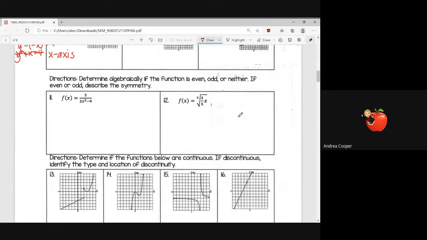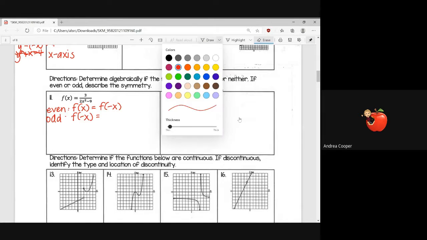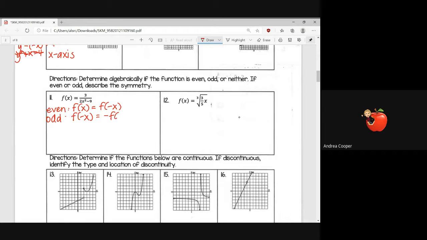Even, odd, or neither. It's an even function if f of x is the same as f of -x. It's odd if f of -x is the same as negative f of x. Okay, and then you just find it.